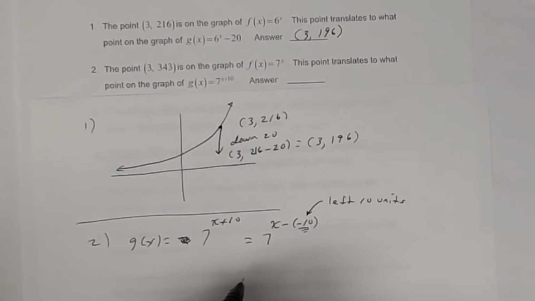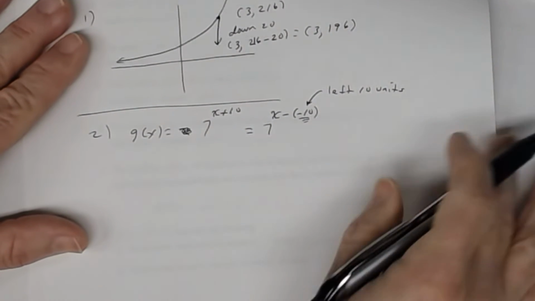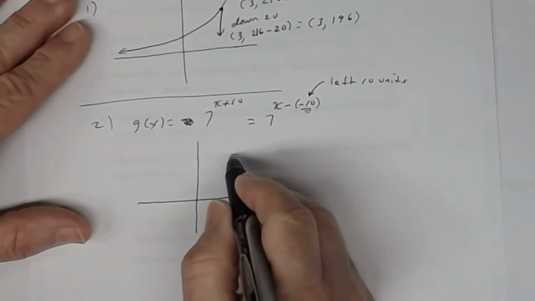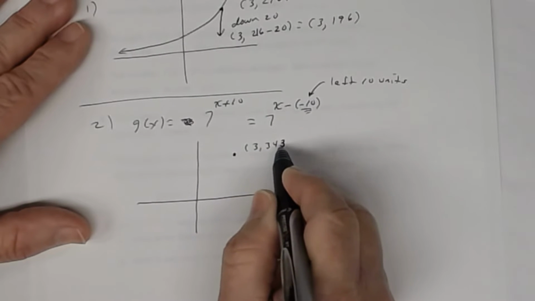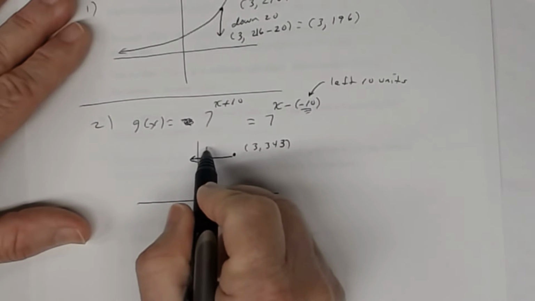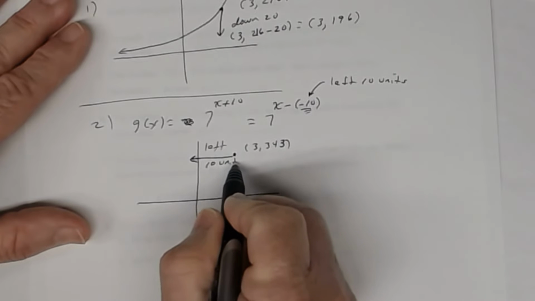When I look at the point (3, 343), which is also in the first quadrant, remember, I'm shifting it left 10 units.